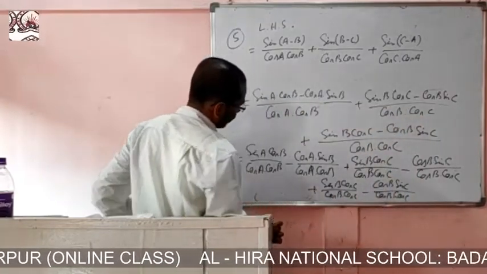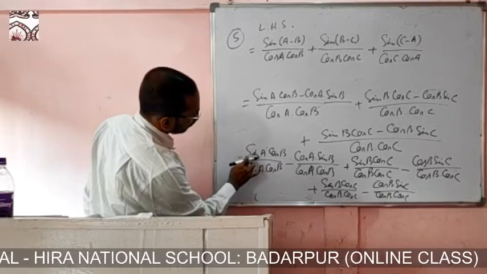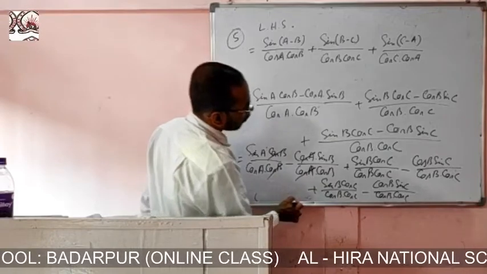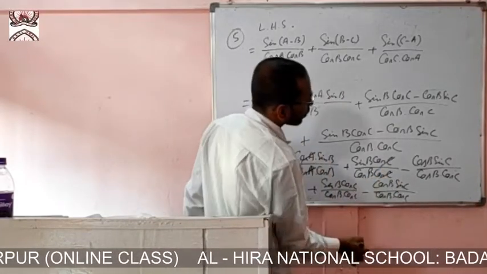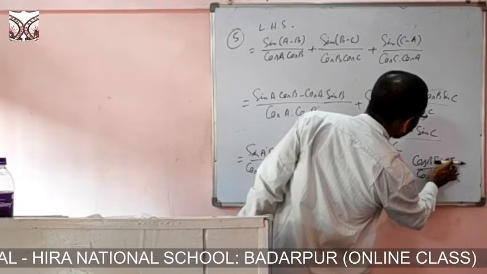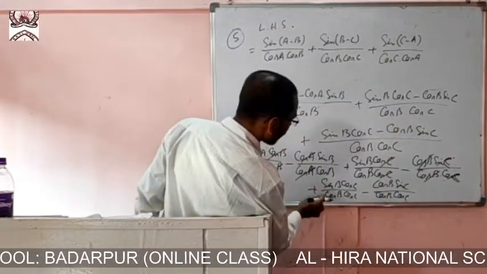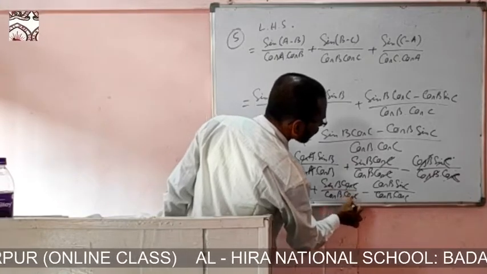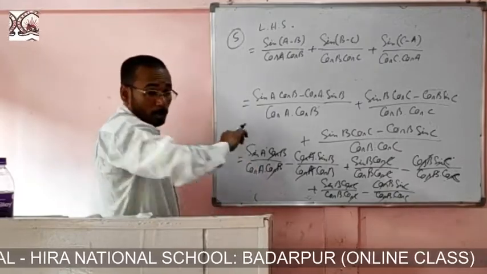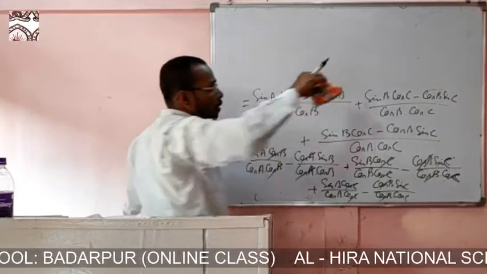Now you see, this cos B cancels, this cos A cancels, this cos C cancels. So from the first one we are getting sin A by cos A. This is the quotient formula.